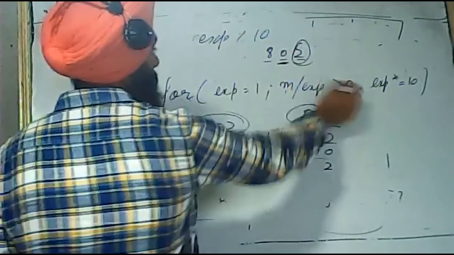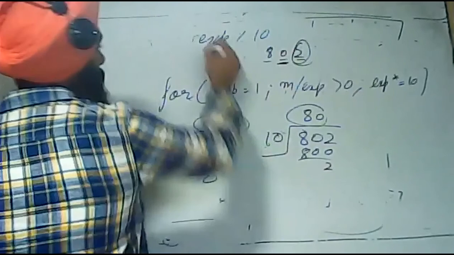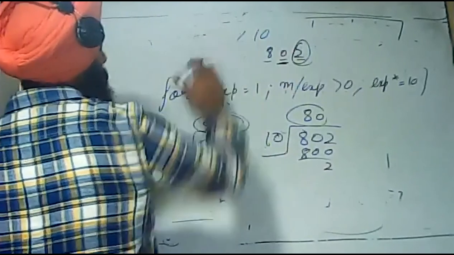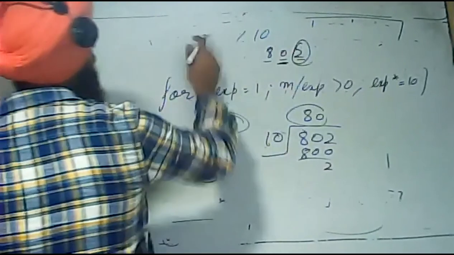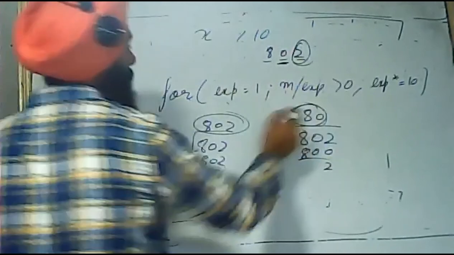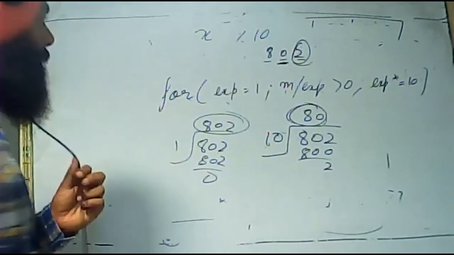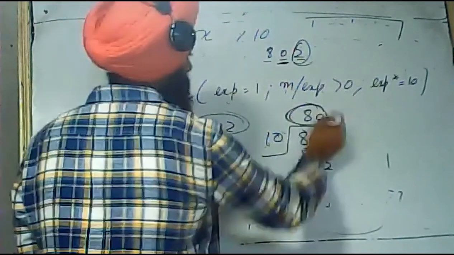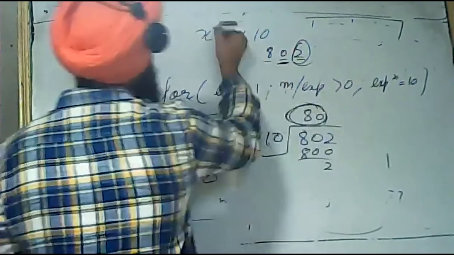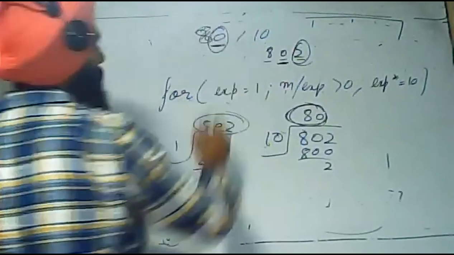And 80 is greater than 0, that is true, and we'll pass 10 to the exp. Whatever our number is, now we'll pass this to counting sort, this 80. So 80's mod will be taken here.